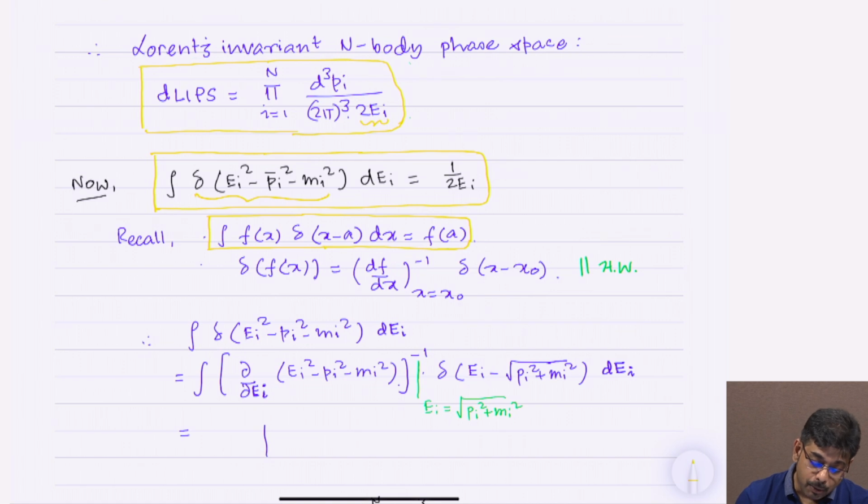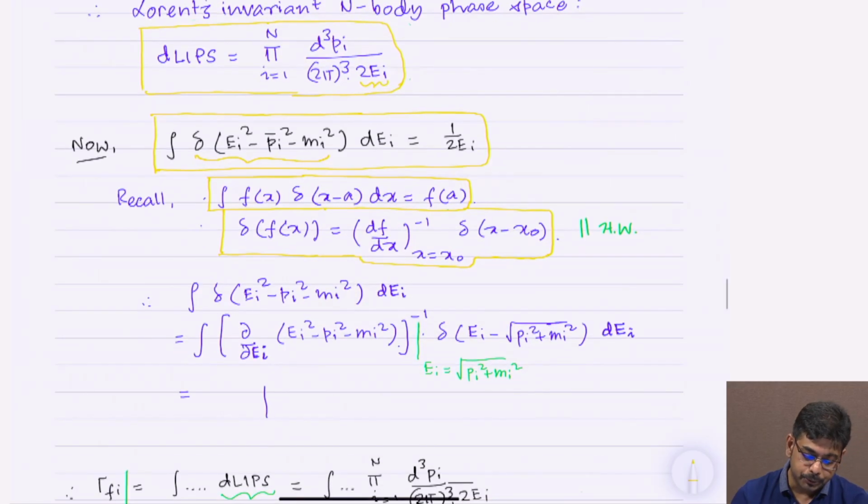The other part which is important is that delta of f(x), where the function sits within the delta function itself, can be evaluated as (df/dx) whole to the power minus 1 evaluated at x equal to x naught, into delta of x minus x naught. This is something that I would like you to derive back home, or we can do it as a tutorial exercise.